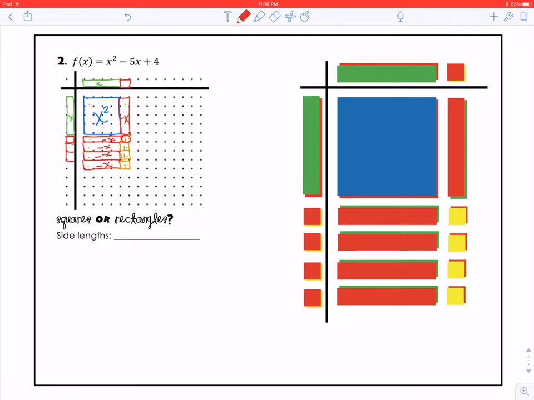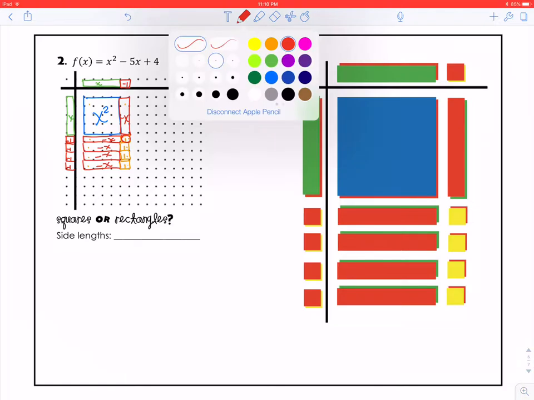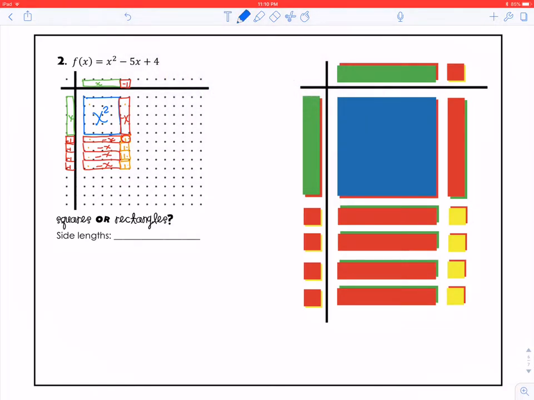Same way all the way down. 1, 1, 1, all negatives, and a negative 1 here. That way, as we're looking at our grid, we would have x times negative 1 would make a negative x. Okay, so looking at our dimensions, we have x minus 1 and x minus 4.